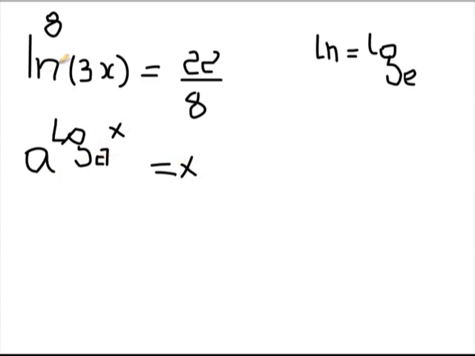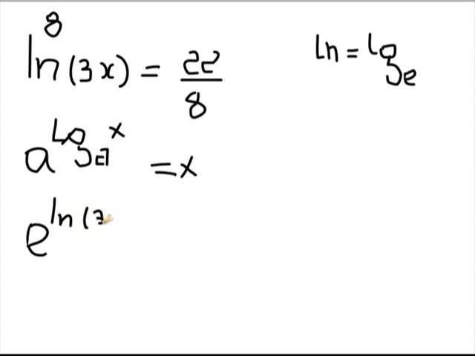The idea, I just want to get rid of this logarithm. So I'm gonna use the base, which is e. I'm gonna raise e to this power, and I'm gonna raise e to this power. Since those two values are equal, I can use e as a base. I use my base e, and e raised to the power of the natural log of 3x.